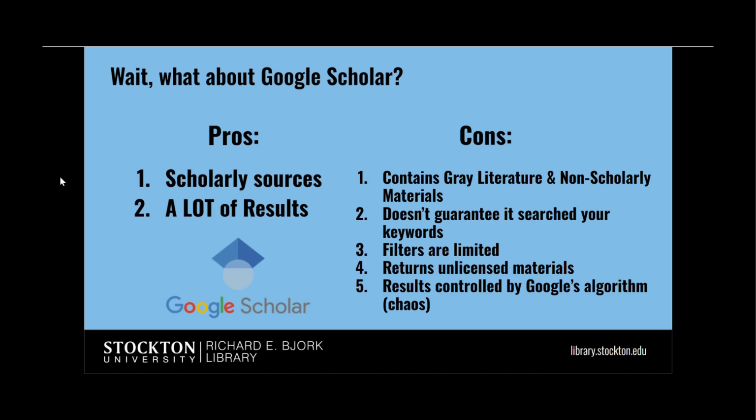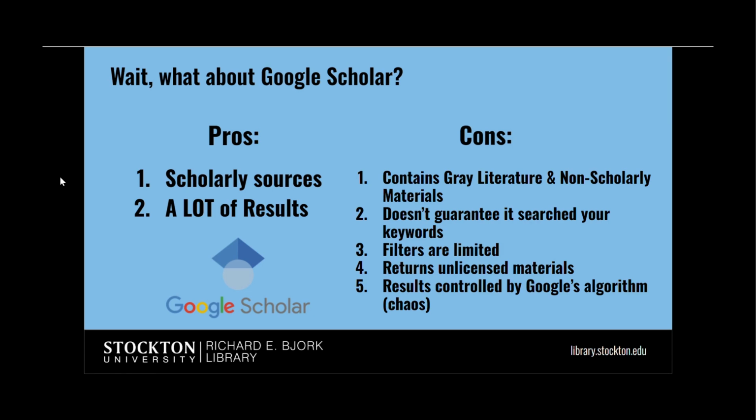It also returns unlicensed materials, which is very frustrating when you're trying to get an article and a pop-up comes up saying, hey, give me money. For $39.99, you have access to this article all month. We don't do that, right? We come to Stockton University and we want to learn. We don't want to pay for any more information, and you don't have to.